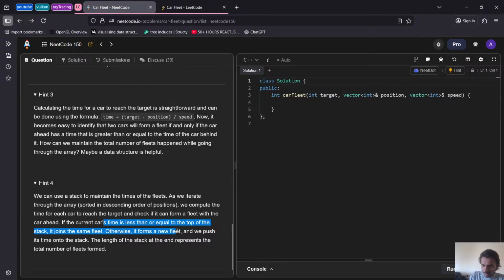Otherwise it will form a new fleet and we push its time onto the stack. The length of the stack at the end represents the total number of fleets formed.